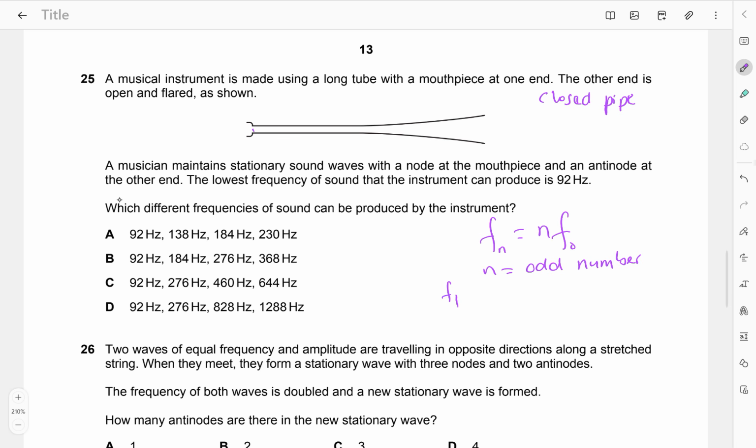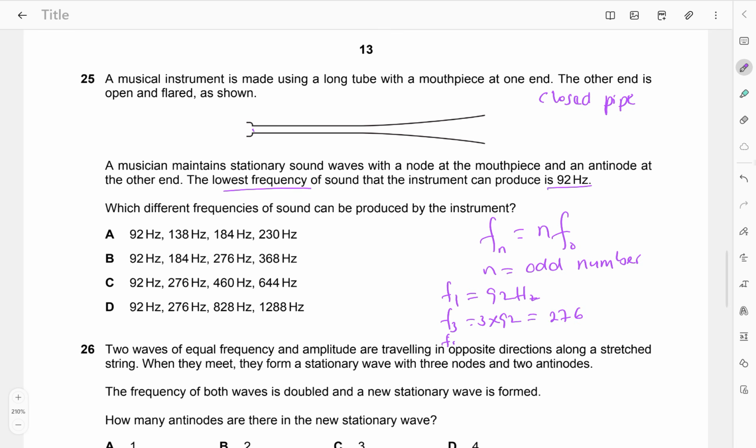So for the first one, the fundamental, the first harmonic is equal to F naught, which is given as 92. The lowest frequency of the sound that the instrument can produce is 92. So F naught is 92 hertz. The next odd number is going to be F3. So F3 will be equal to 3 times F naught, which is 276.